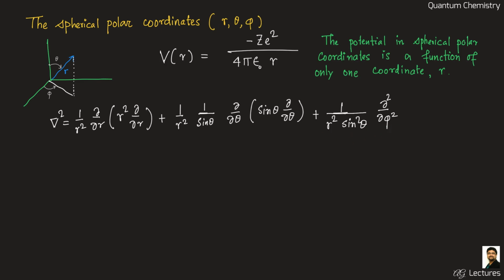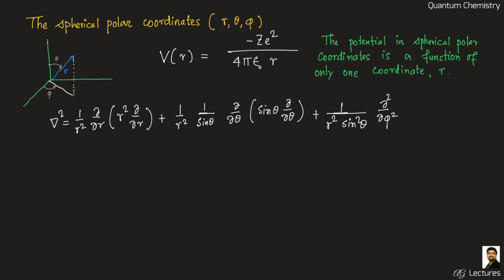These extra terms can easily be managed, and it is going to be possible to split the Hamiltonian into three different Hamiltonians involving only one variable. The first one involving only r, the second one involving only theta, and the third one involving only phi.